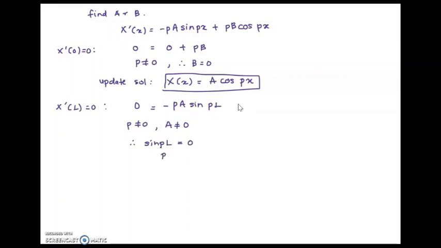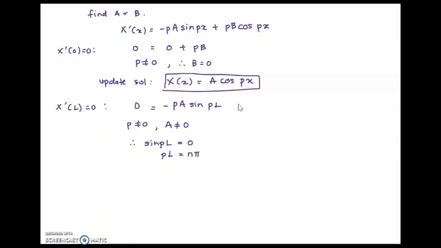So think of what is the PL so that your sine PL is 0. Right? So sine pi is 0, sine 2 pi is 0, sine 3 pi is 0, and so on and so forth. So basically we have PL equals n pi.